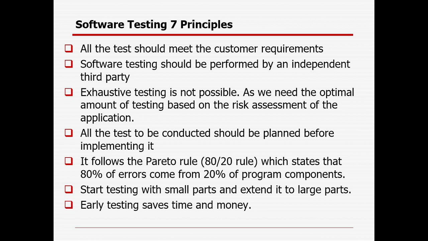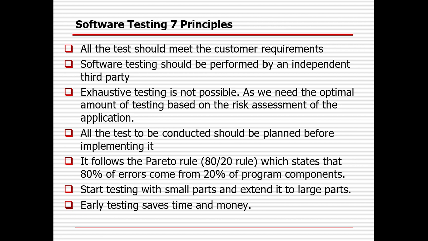It follows the Pareto rule, meaning 80% of defects come from 20% of the area. That 20% area is very complex in our systems, and most of the 80% defects come from that area. So as and when you experience more defects in that application or area, you will know what the critical functionality is. So we have to test more and give more focus to the 20% area, because 80% of problems come from that area.